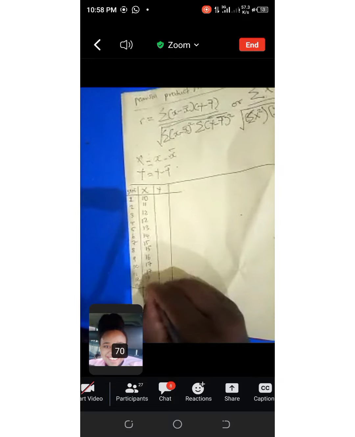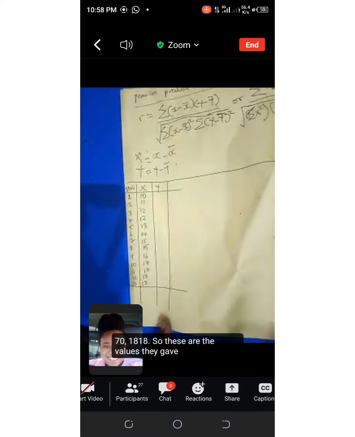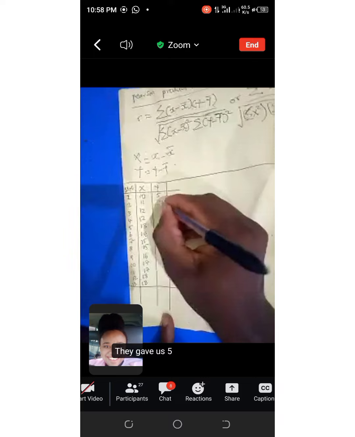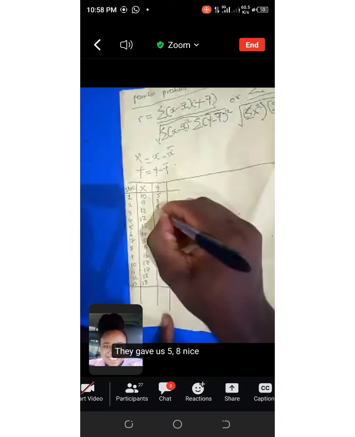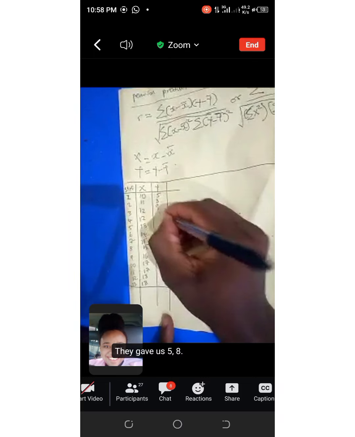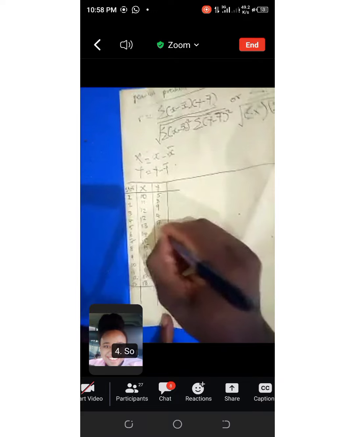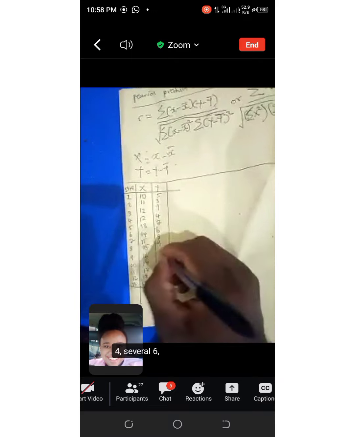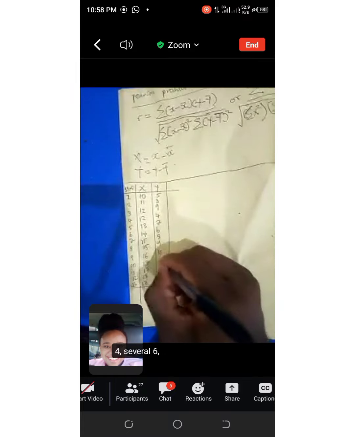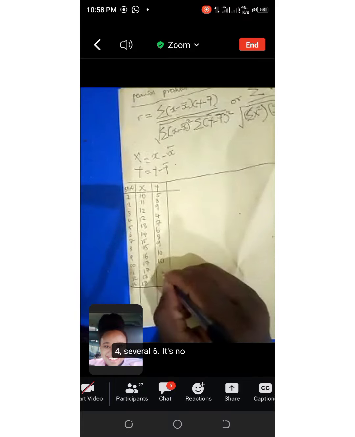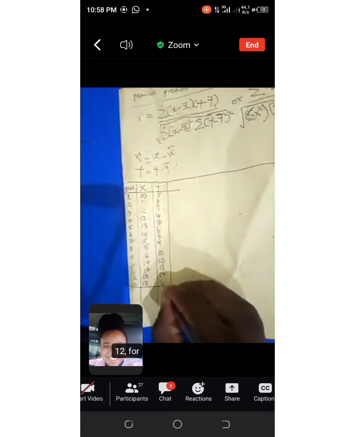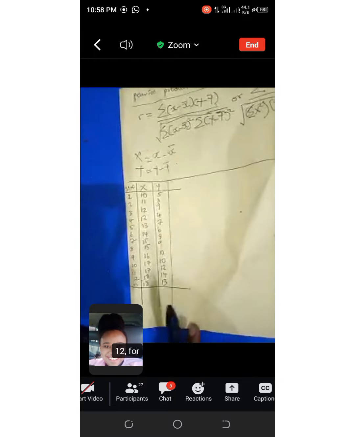So these are the values they give us for x. Then for y they give us 5, 8, 9, 4, 7, 6, 8, 9, 10, 10, 12, 14, 13. So these are the values they give us for x and y.